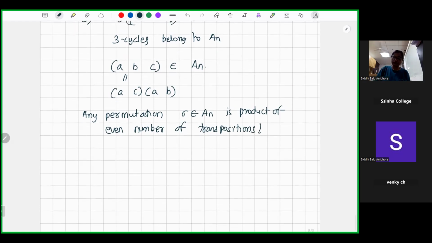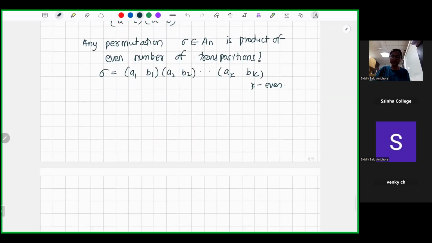So sigma is a product of (a1 b1), (a2 b2), and so on up to (ak bk), where k is even.